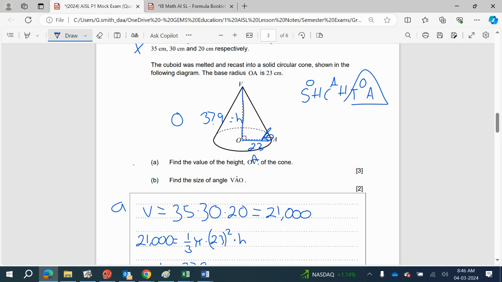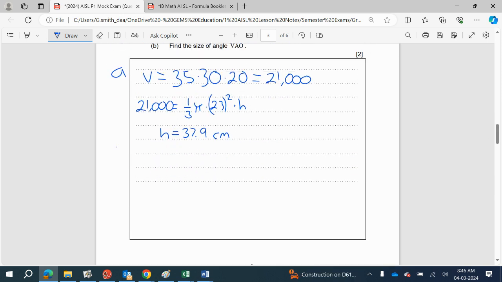So we want TOA. So for B, we want tan of angle VAO is equal to the opposite, 37.9, over the adjacent, 23. So the angle is tan to the -1 of that.